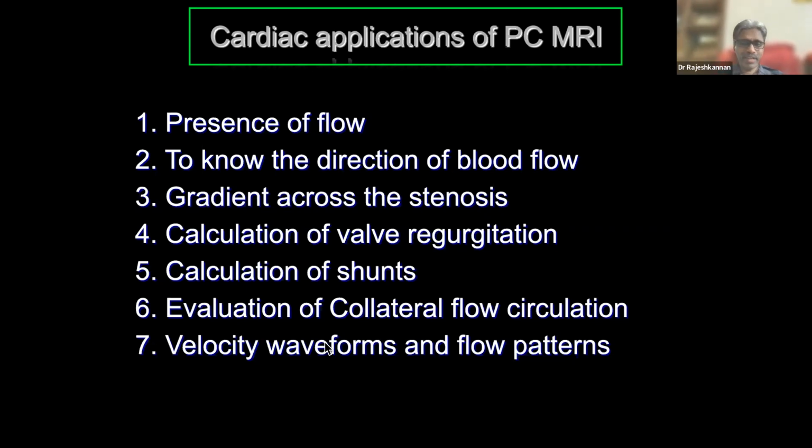So whenever you are starting the PC flow studies, this one piece of information is very important, and you should know how to identify the correct Venc. Some vendors give the so-called Venc scout, similar to the frequency scout and the TI scout. If you have the Venc scout, you can use that.